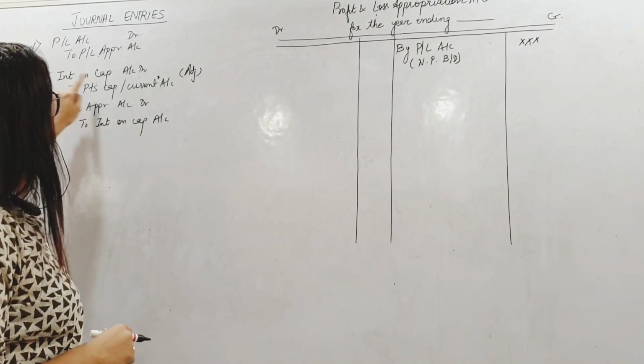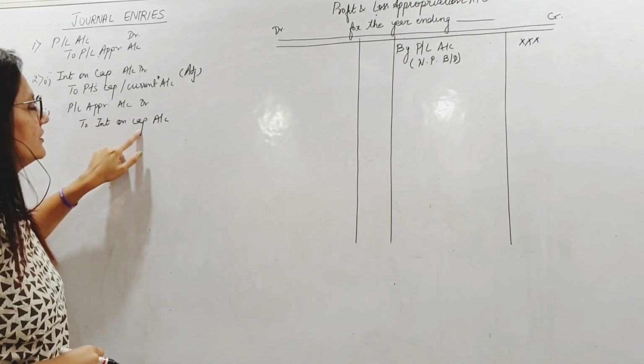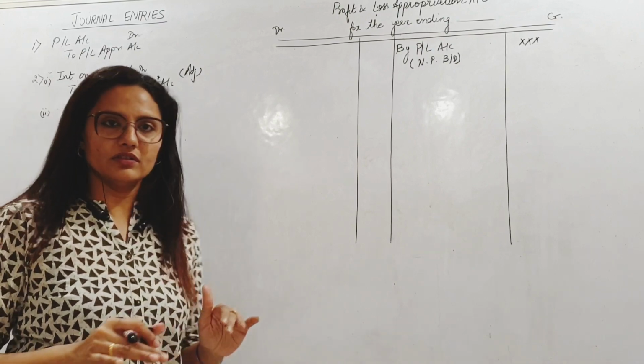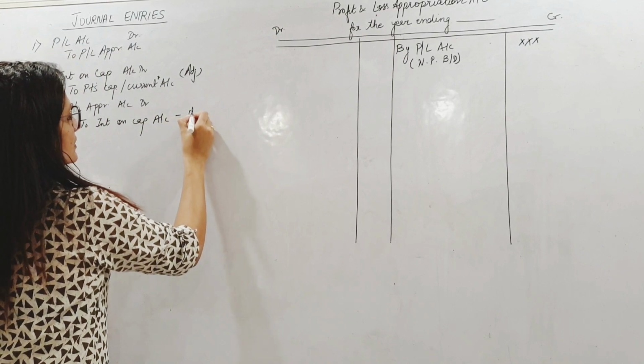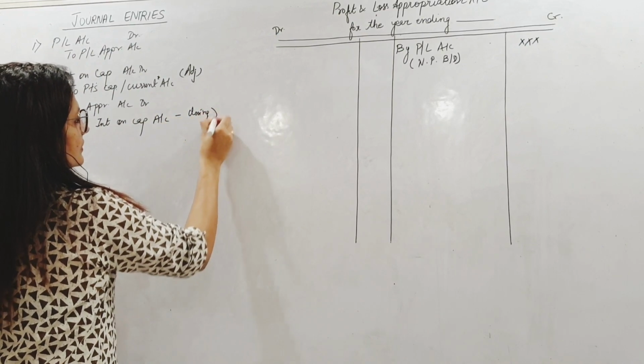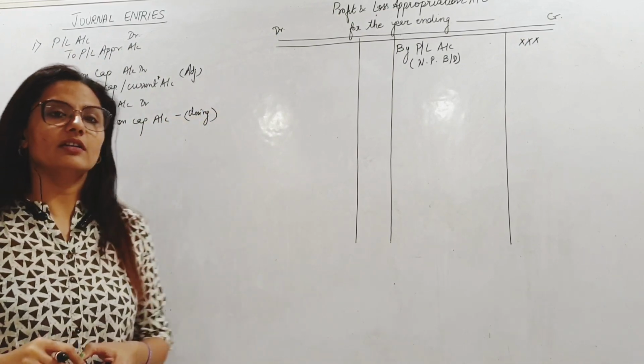So once you have debited here, once you have credited here, interest on capital account is closed. This is how we close interest on capital. So this is the closing entry for interest on capital.